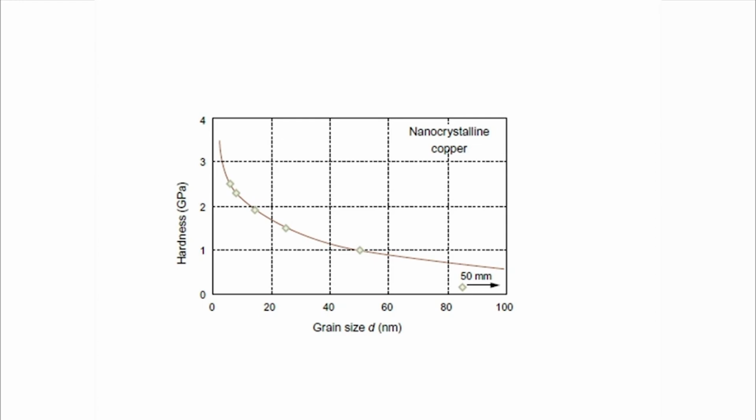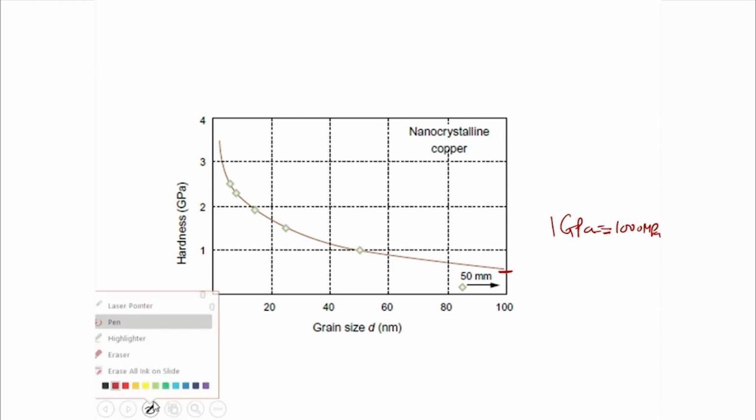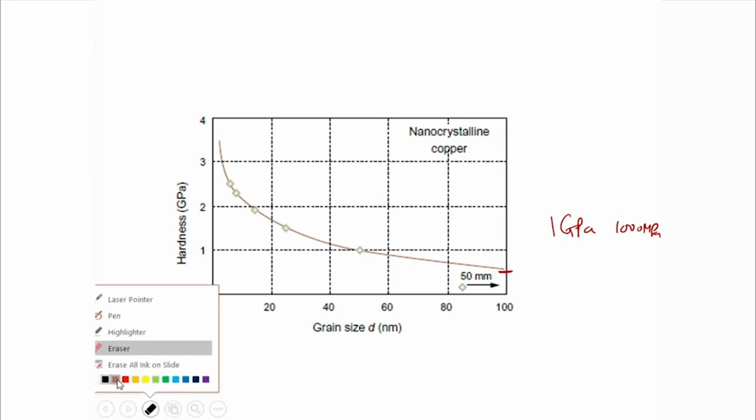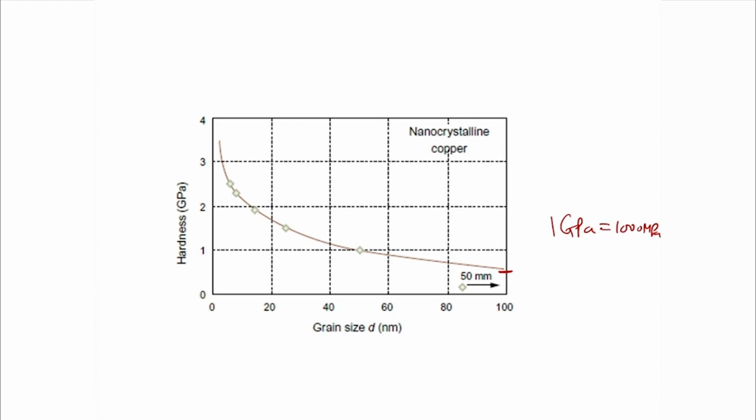You look at the value of hardness at 100 nanometers, that is about 400 MPa, and look at the value of hardness at 10 or maybe 5 nanometers, that is almost 2500 MPa, that is 2.5 GPa, and 1 GPa is 1000 MPa. So it is very clear that as you decrease the grain size, the strength increases very, very rapidly, and it has increased by orders of magnitude here.